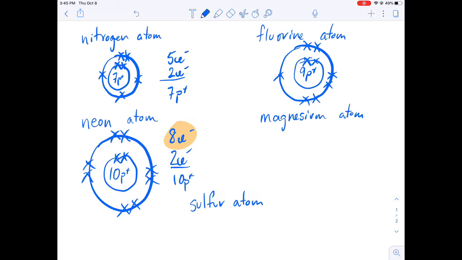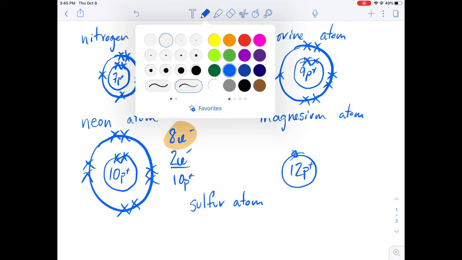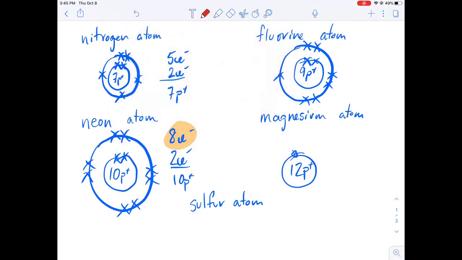If we went forward to the magnesium atom, which has got 12 protons, it'll have those 2. Then the next shell will be full. It'll have 1, 2, 3, 4, 5, 6, 7, 8. And then in the next shell, it's got 2 more.